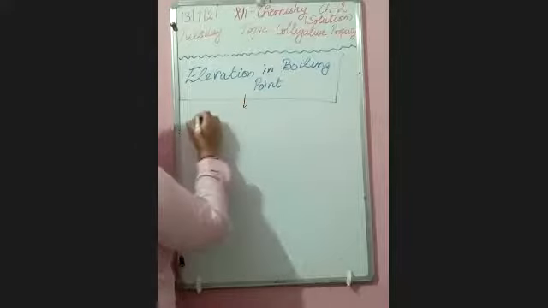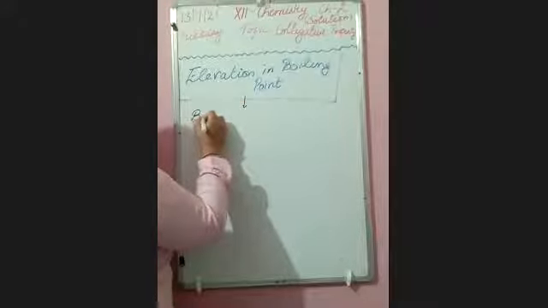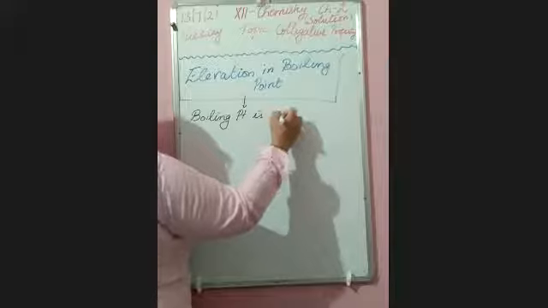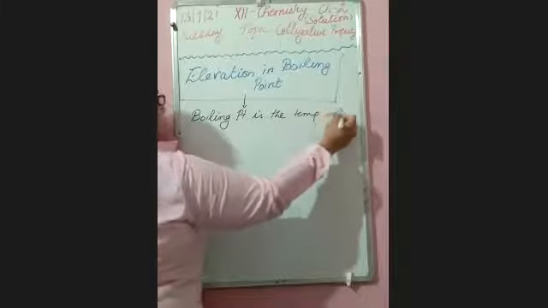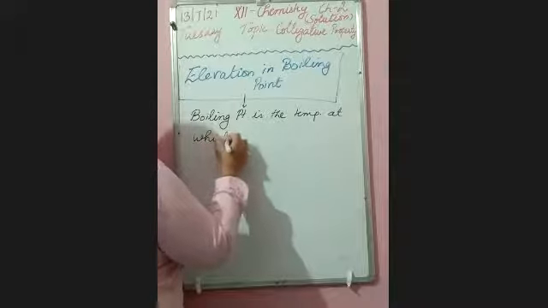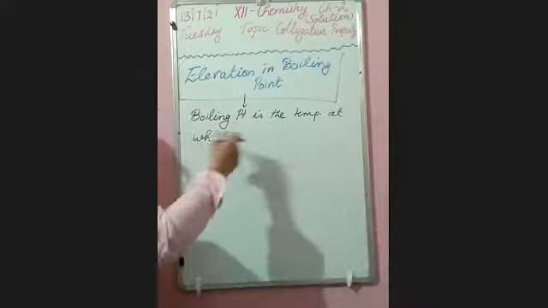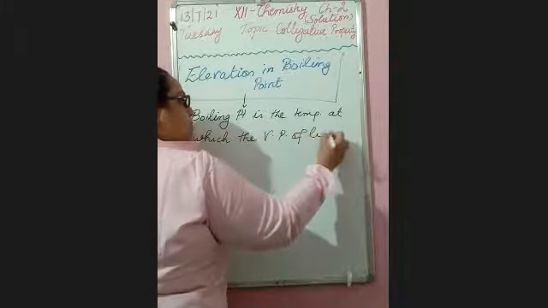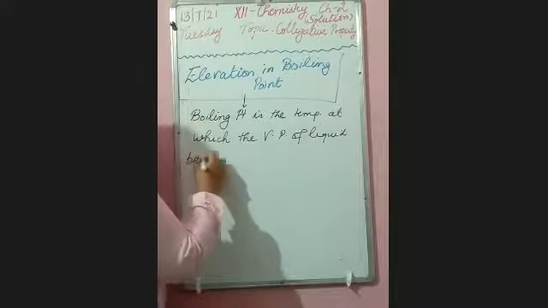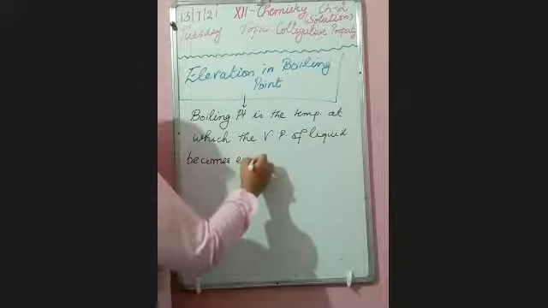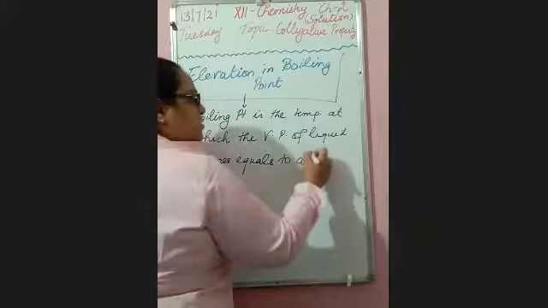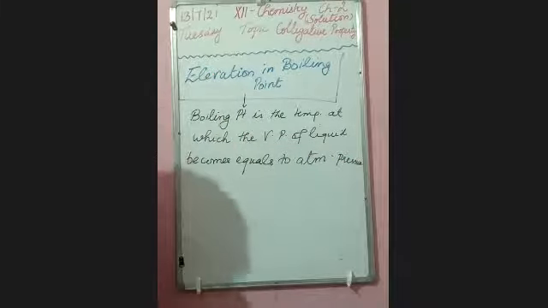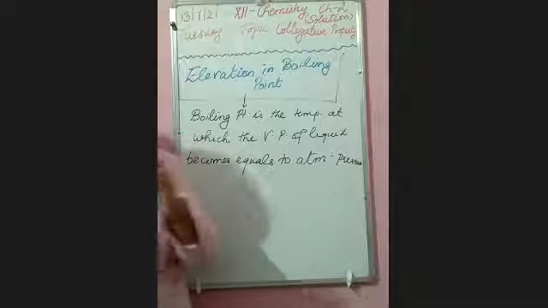In terms of pressure, the boiling point is the temperature at which the substance starts to boil, at which the vapor pressure of the liquid becomes equal to atmospheric pressure. Okay, this is your boiling point.